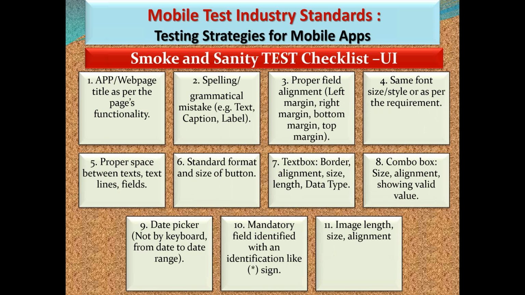And today, last time we stopped at the point where we were discussing what smoke and sanity tests are. And here again, the checklist that will help you to make sense of the testing environment.